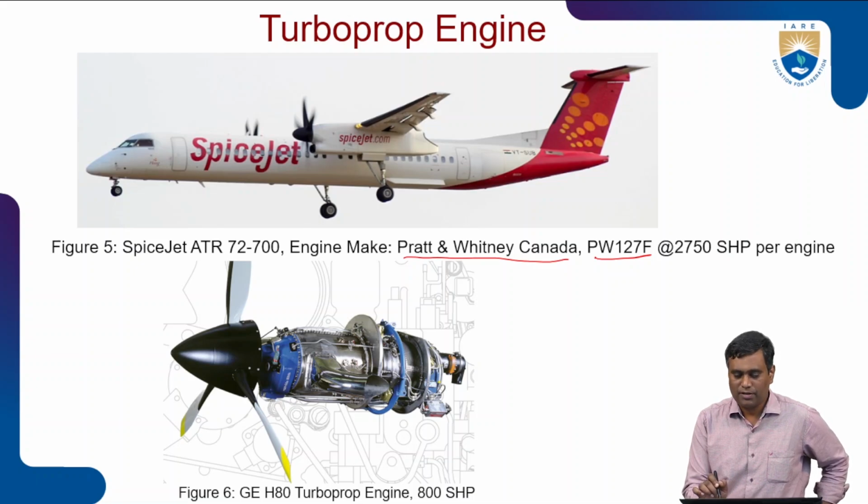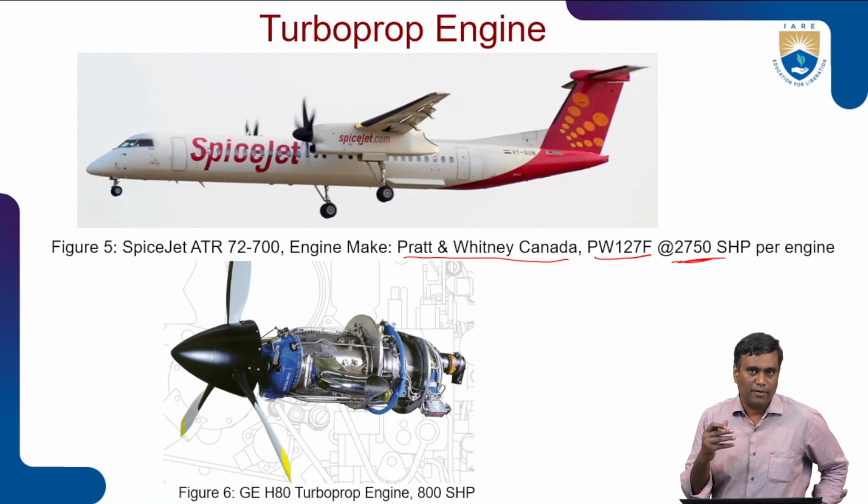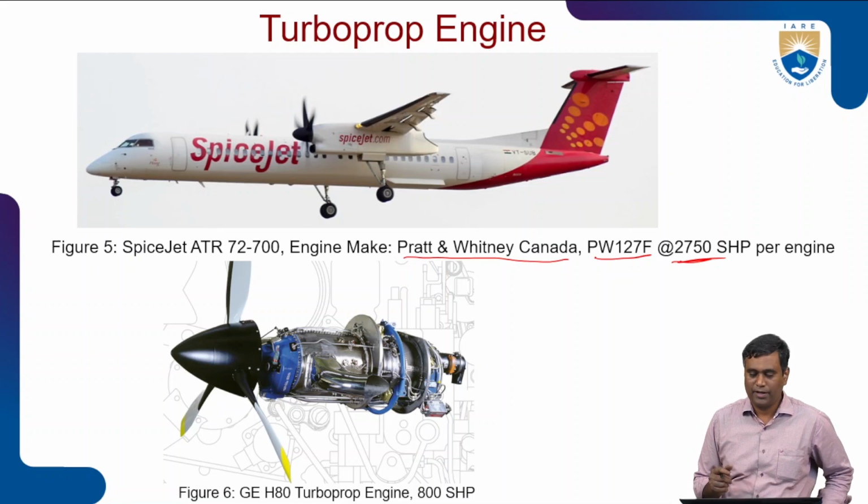Each engine will generate 2750 shaft horsepower, which is far higher than a regular piston engine, at lower weight and better fuel economy. That's the purpose. Piston engines are replaced by turboprops, right? Yeah.